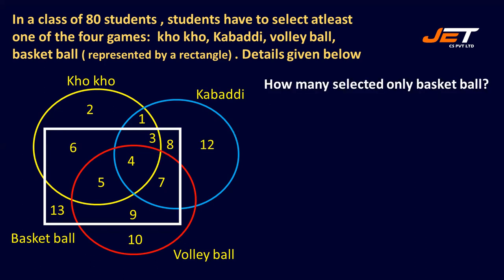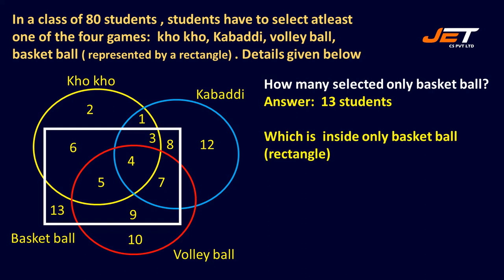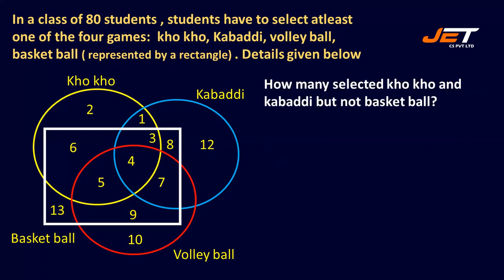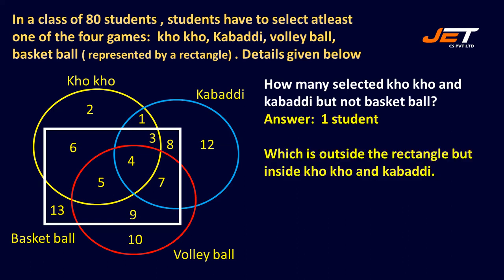And how many selected only basketball? So the answer is 13, which is inside the basketball only, that is the rectangle. Yes. And how many selected Kho-Kho and Kabaddi, but not basketball? Only 1 student. And which is inside the rectangle, but inside the Kho-Kho and Kabaddi?